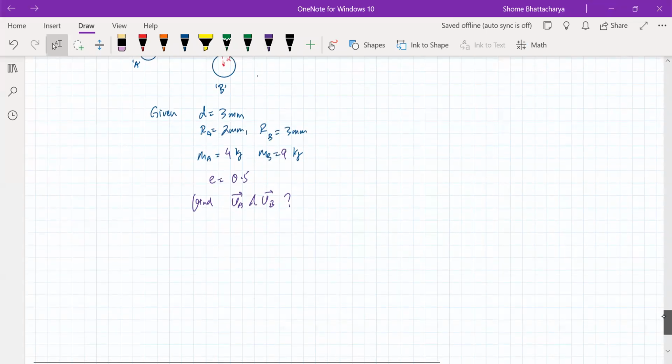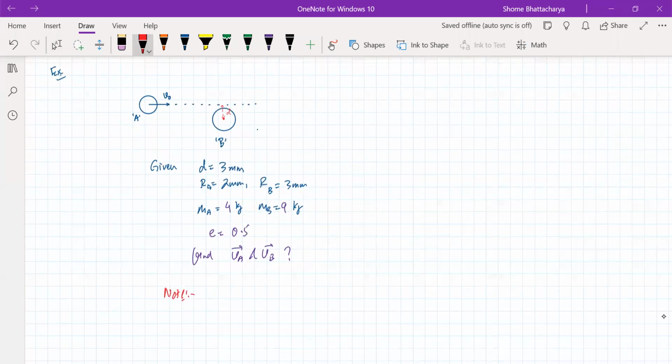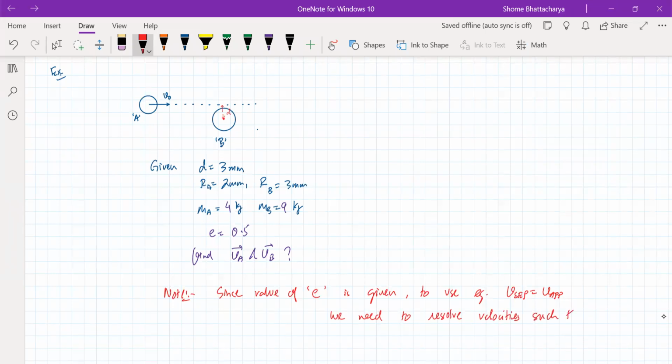Note that since the value of E is given, to use the equation V separation is equal to E times V approach, we need to resolve the velocity vectors such that the line of impact, that is the center to center line, is one of our axes.